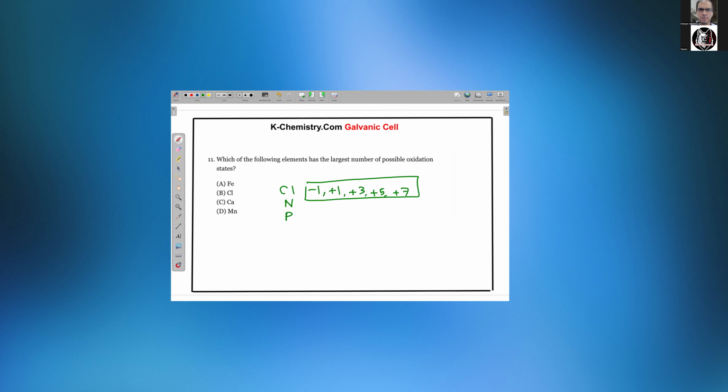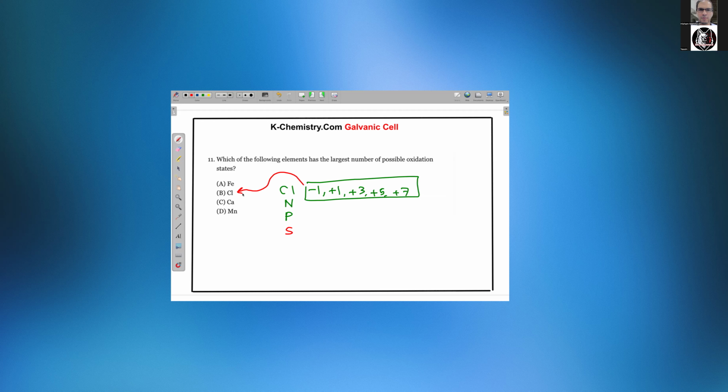So the chlorine has 5 oxidation states. That's why we usually never start with chlorine. Chlorine, nitrogen, and phosphorus, and also sulfur, are the things that we keep for the end, because they can have a lot of oxidation states. Okay, that's good to know.